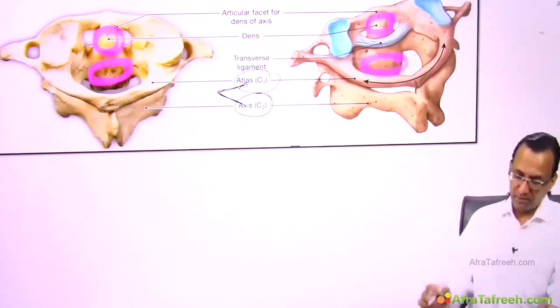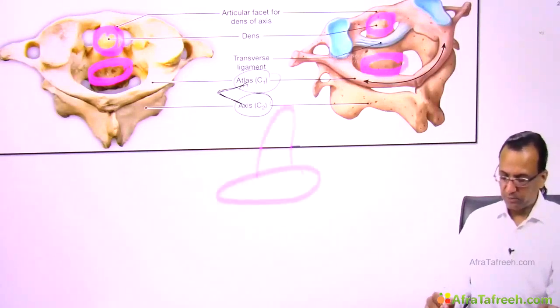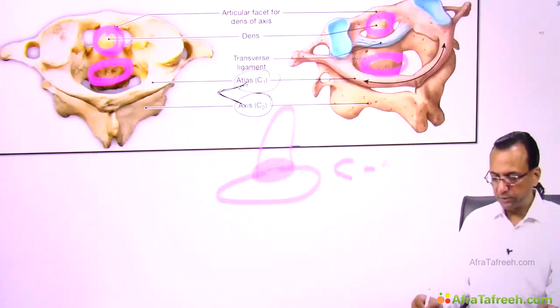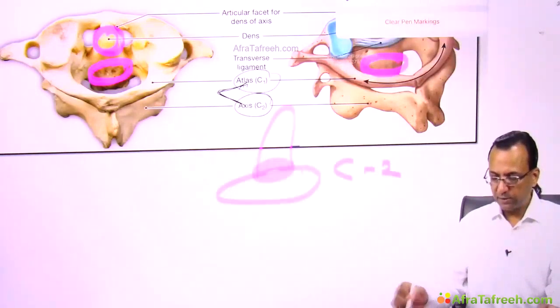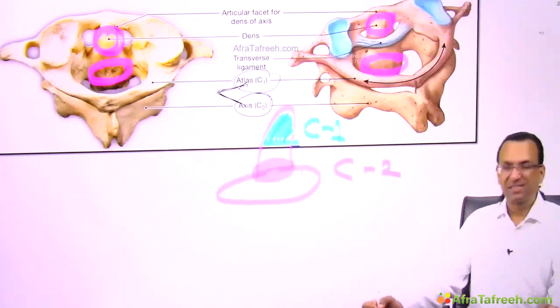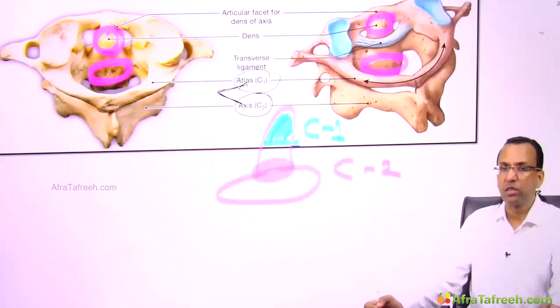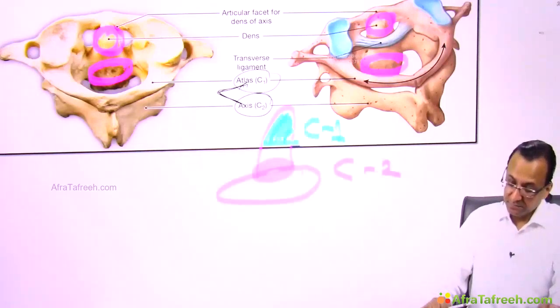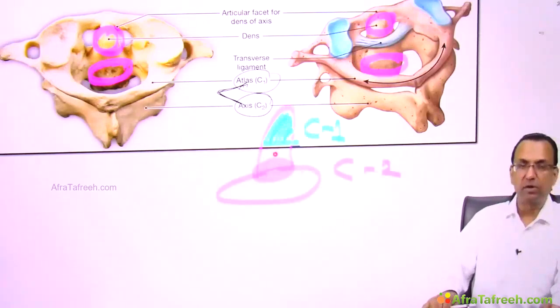Yeah, maybe. So this is the body of C2, and you are assuming this projection, the odontoid process, is the body of C1. That is just an assumption. Maybe it got broken from there and fused here.